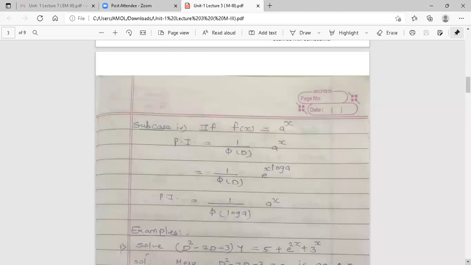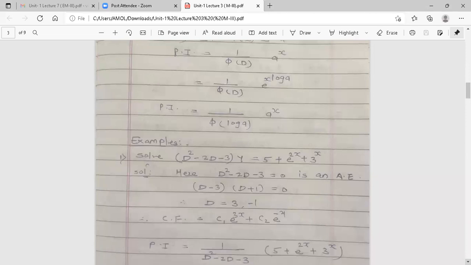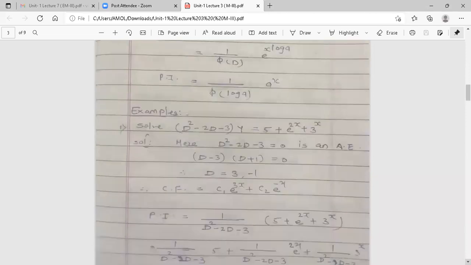So this is the case 1 or type 1 result. Now the examples on type 1, or case 1.